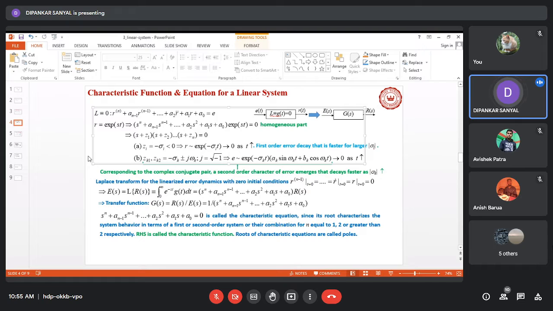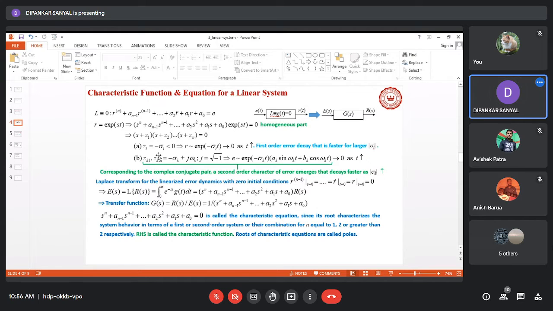It is basically very similar to what we do in our elementary classes, where we take the form of this response to be like this, and if we substitute for this, then this equation becomes like this, corresponding to the homogeneous part, and a transient and another integral factor will arise because of this non-zero input.